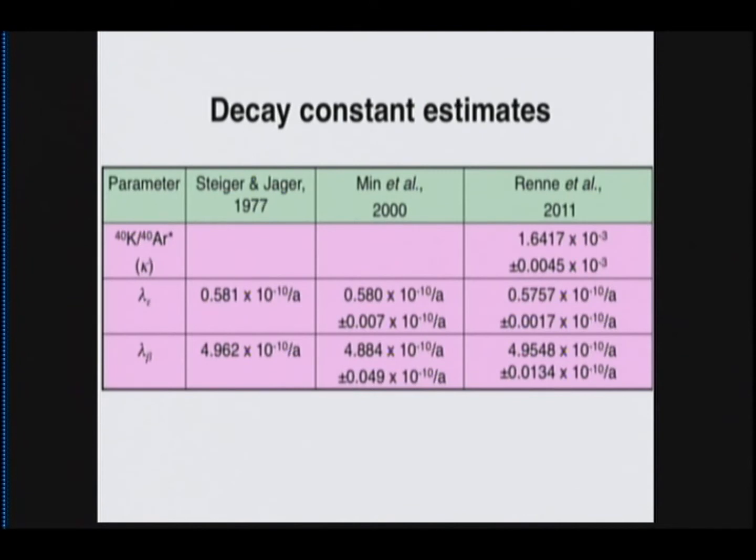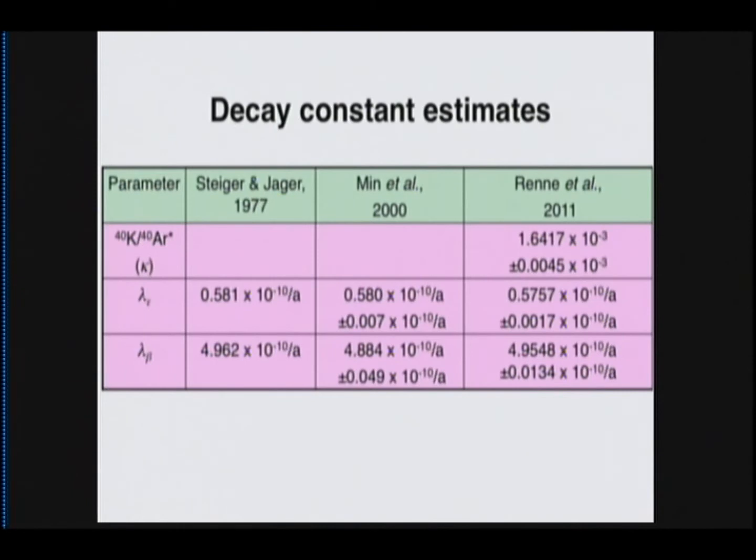More recently, we have done a completely different kind of analysis, which I'm not going to go into very much detail about, although tomorrow I'm going to give a talk in which I'll go into much more detail about how we did this. But basically, we combined all of the activity data.